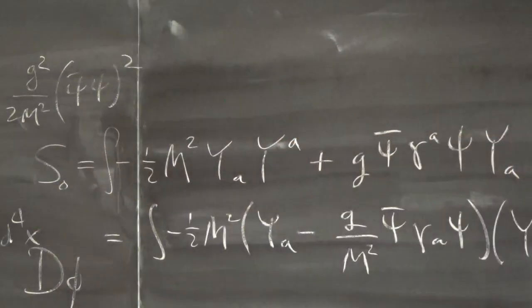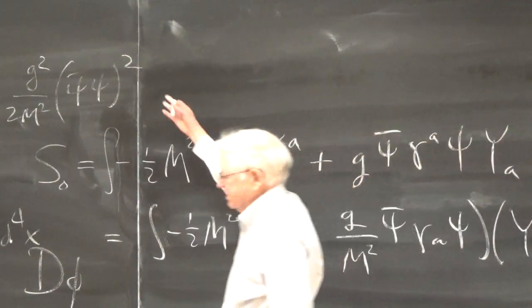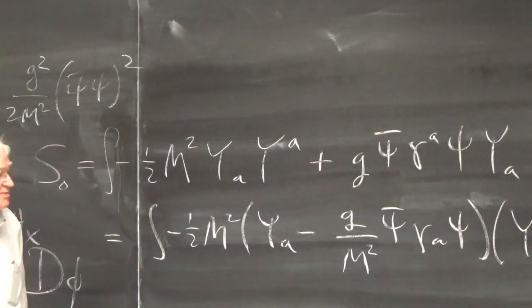And then the term that we need to add in order to cancel the term that comes from here is g squared over 2m squared, psi bar gamma A psi, psi bar gamma A psi. So this again is a non-renormalizable term for the same reason that this one is non-renormalizable.